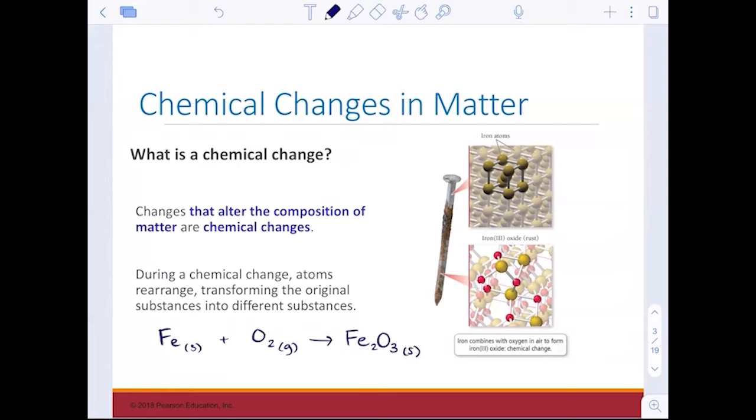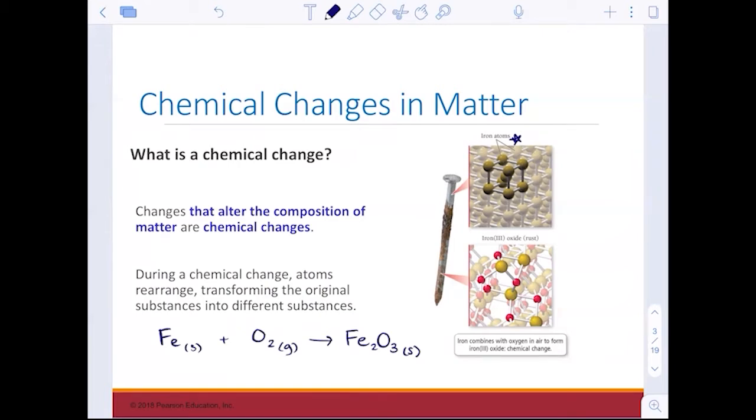Rust. So the actual idea of rusting takes place when iron atoms, we see up here, the iron atoms are formed in a semi-latticey type structure. This was the metallic bonding that is known but not often explained in general chemistry classes.